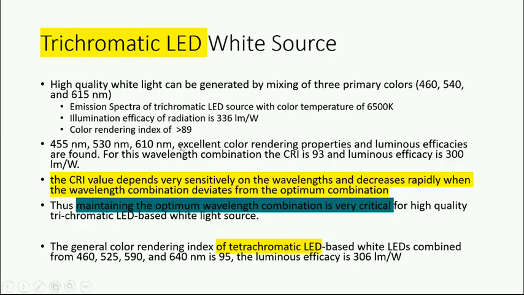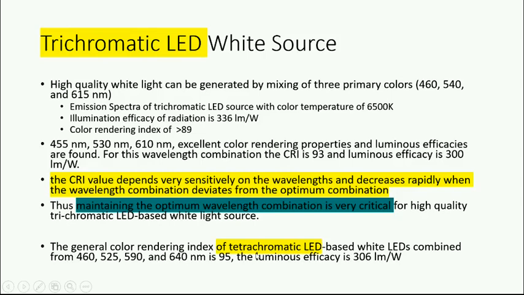You can see the color rendering index and the illumination efficacy, change the wavelength values and see the variation in these two, okay? Thus maintaining an optimum wavelength combination is very critical for these trichromatic LED white sources. Any change causes a deviation in the color rendering index and the illumination efficacy, okay?